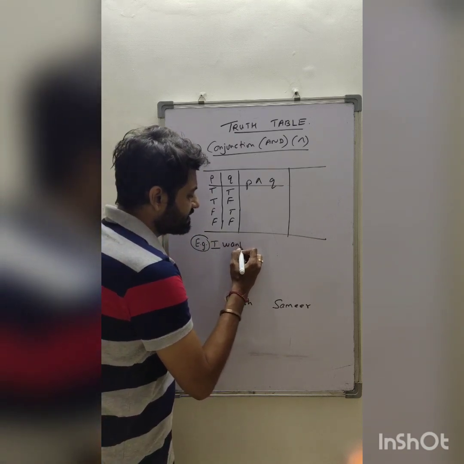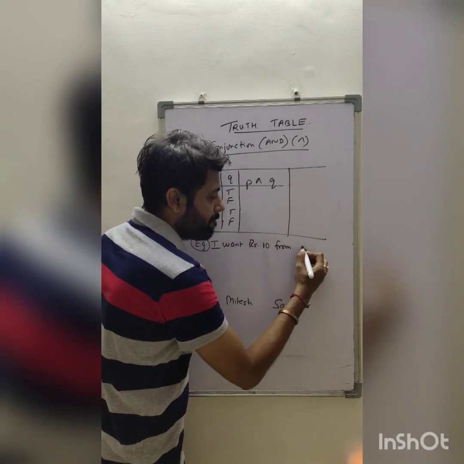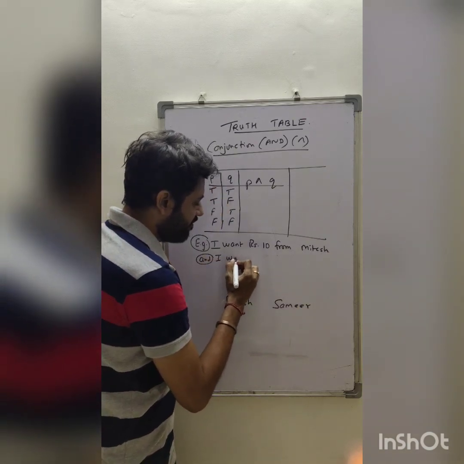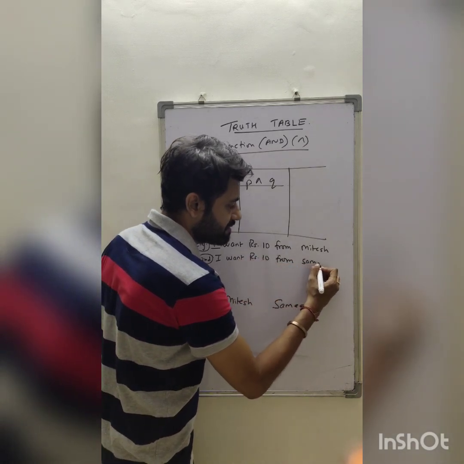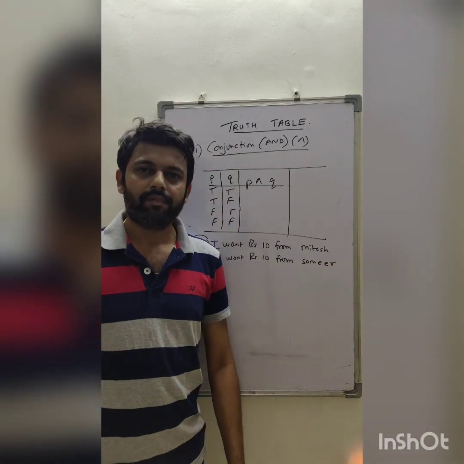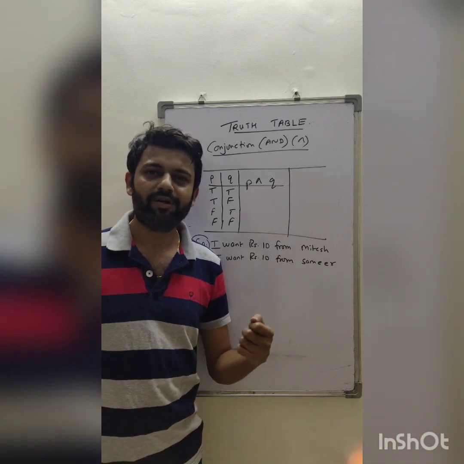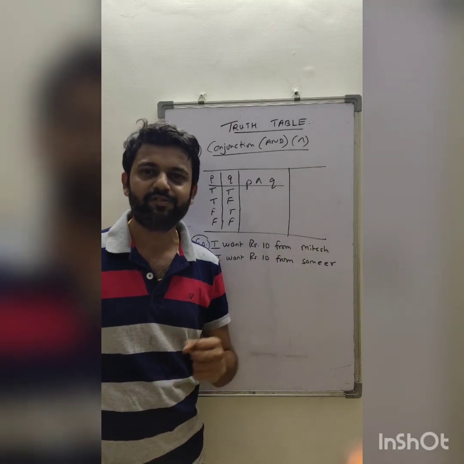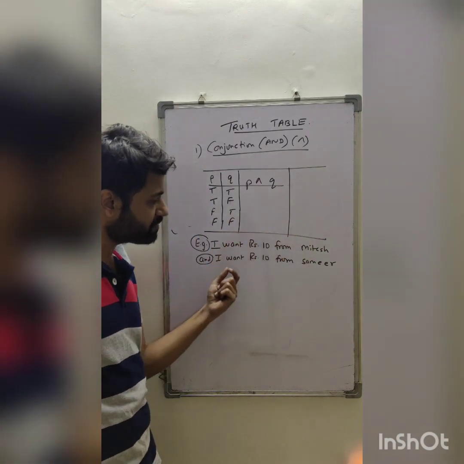I want rupees 10 from Mitesh and I want rupees 10 from Samir. My vehicle had broken down, so from one class to another class there is a minimum fare of 20 rupees and I need 10 rupees from two students. That is what I have demanded.